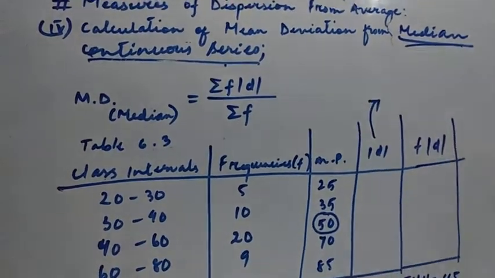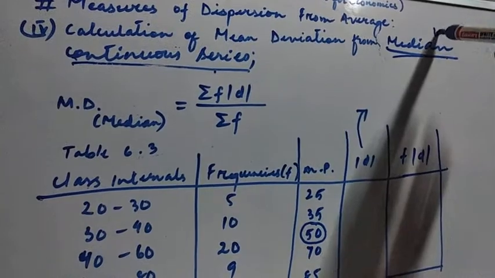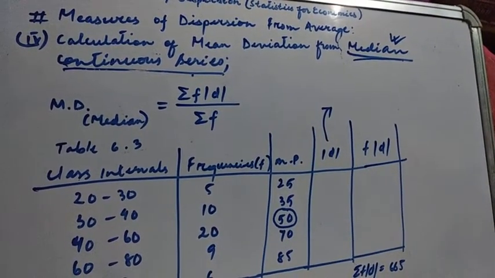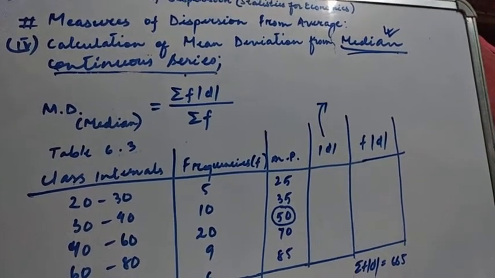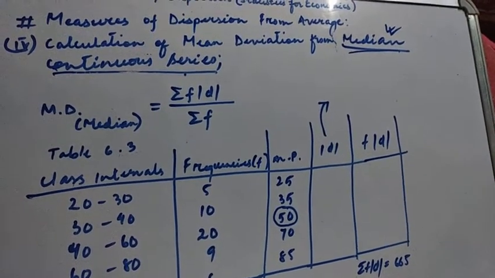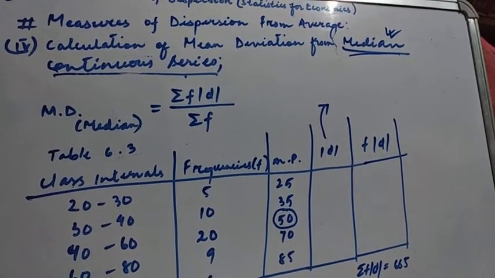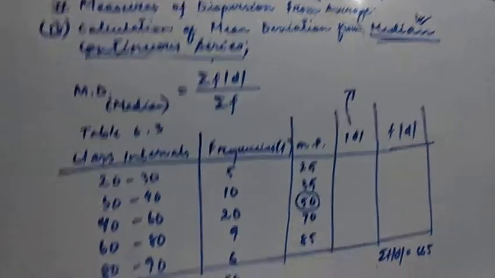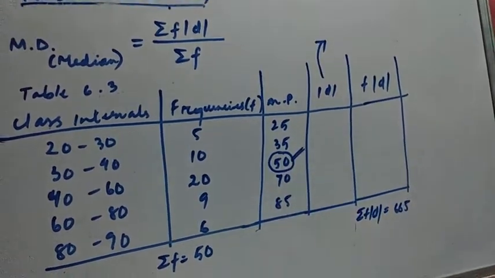Earlier it was from the arithmetic mean for continuous series, now it is the median. The calculation of mean deviation from median for continuous series is the same as in the case of mean deviation from mean, but the only difference is that here deviations are to be taken from the median, as given below. So deviations are to be taken from this median, 50.